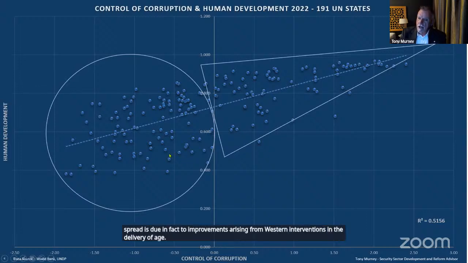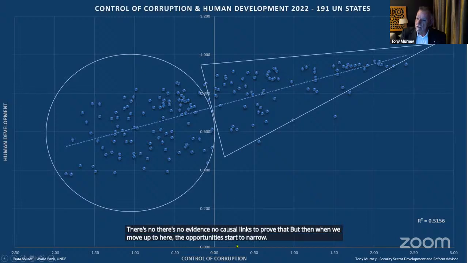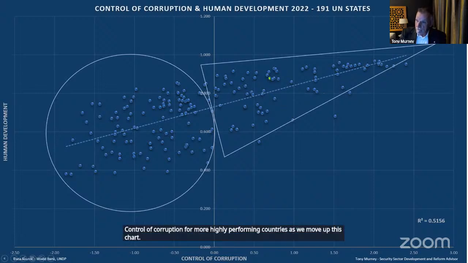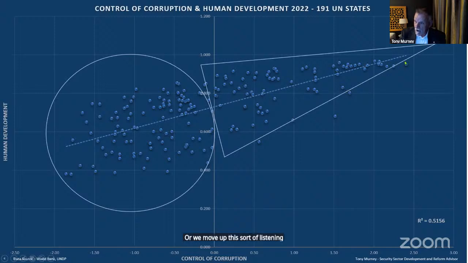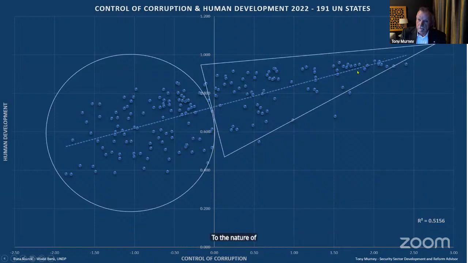There's no evidence, no causal links to prove that. But then when we move up to here, the opportunities start to narrow. Control of corruption for more highly performing countries, as we move up this chart, this lessening range of options, becomes really quite critical to the nature of what these nations are all about. So again, it's just something to bear in mind.